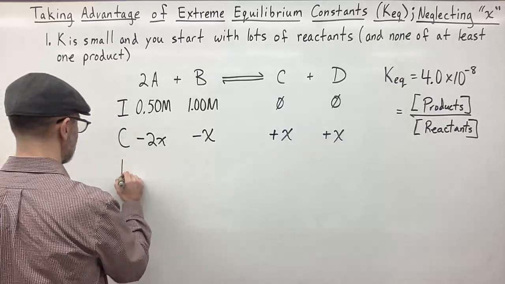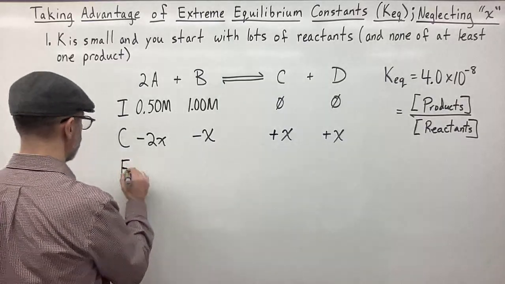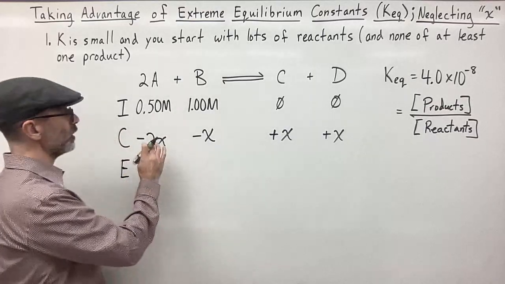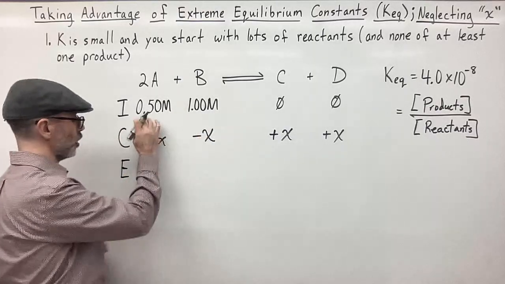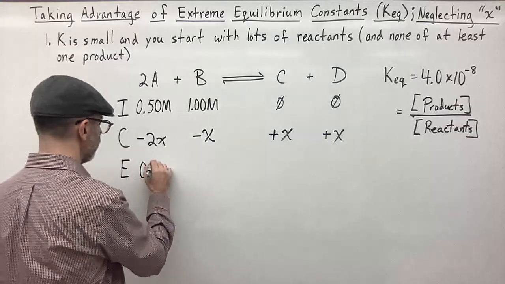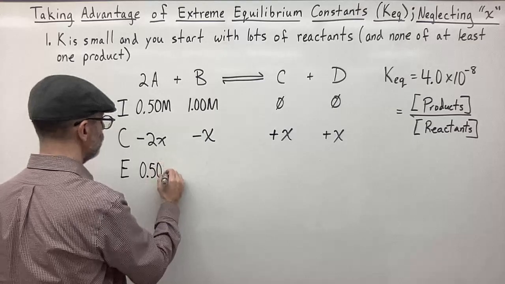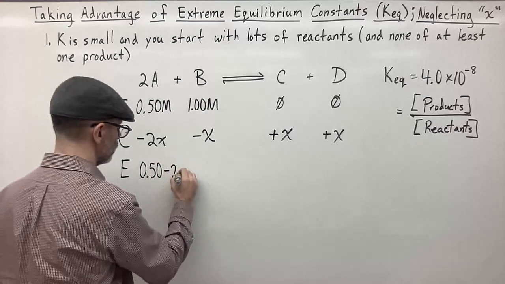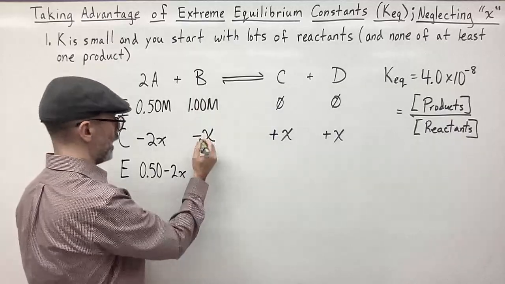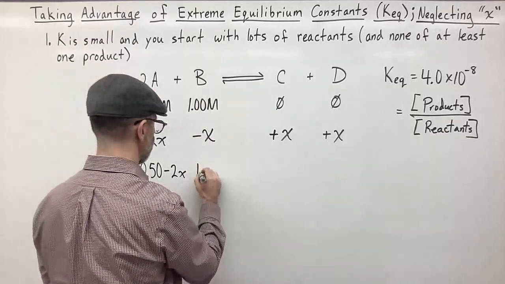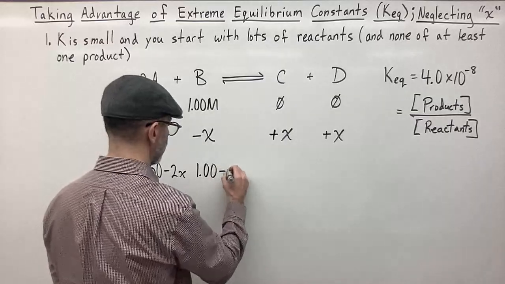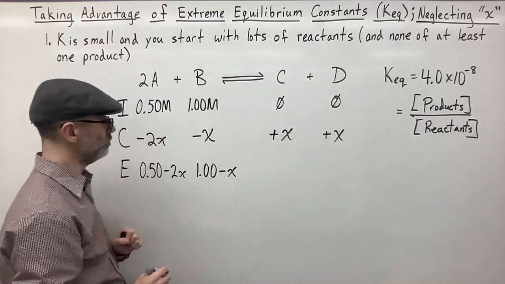So that would be E for my ice table. And so all I do is add these together. So it's going to be 0.50 minus 2x. And then 1.00 minus x.